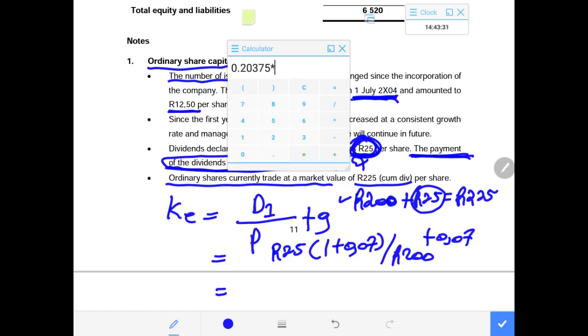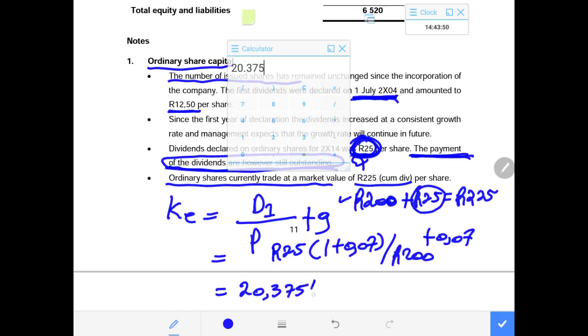Then we multiply this by 100 to make it a percentage, meaning the cost of ordinary shares or the cost of equity is 20.375%, which is equivalent to 20%.